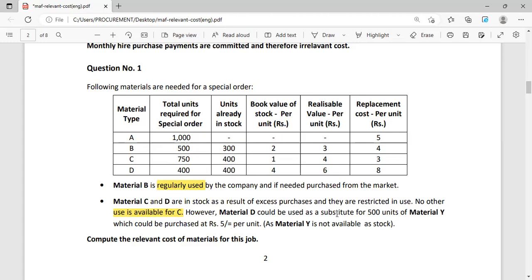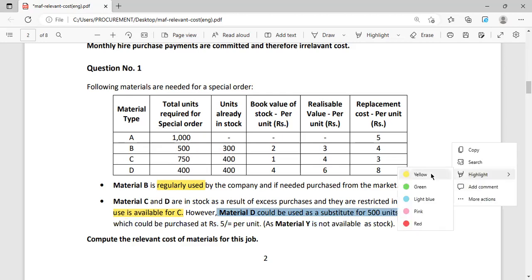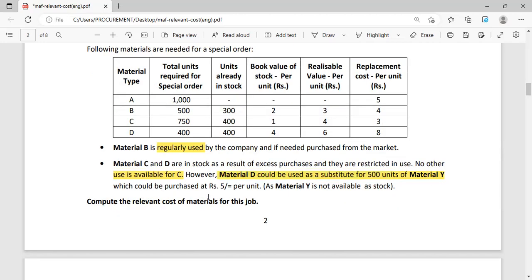Material D can be used as a substitute for 500 units of material Y. So it means you can use material D as an alternative use, for material Y, which could be purchased at a given price. So if you want to cost the alternative use of material D, you'll be using the price of material Y per unit, as material Y is not available in stock.